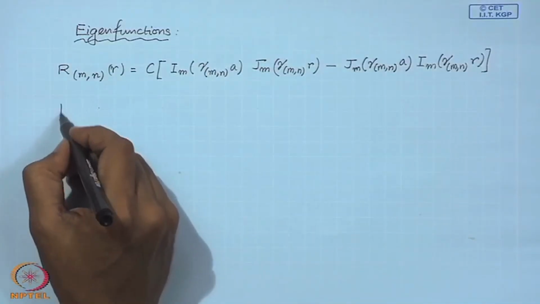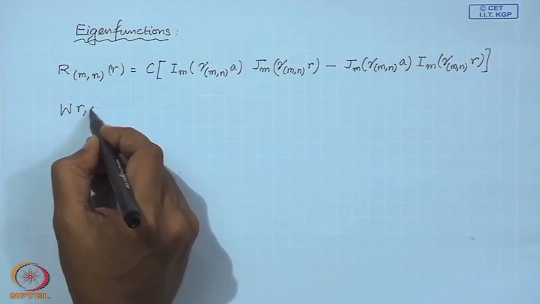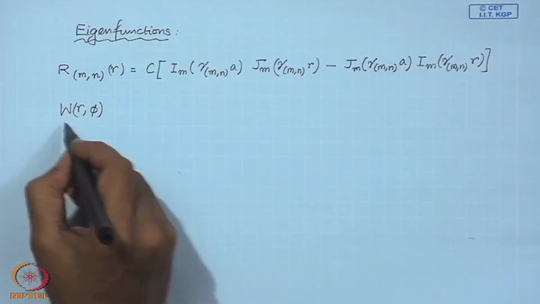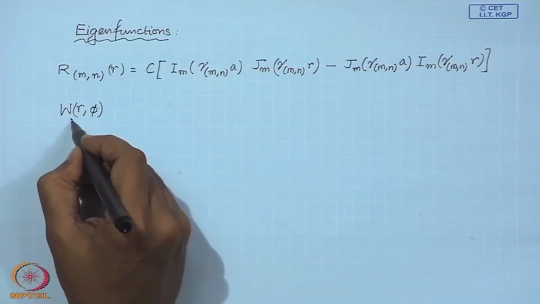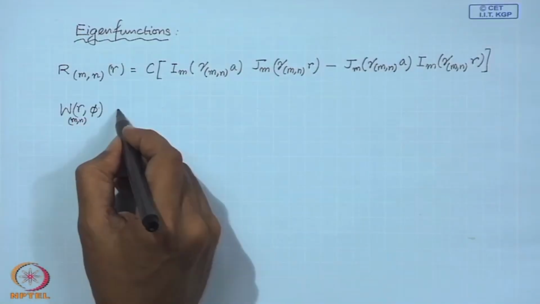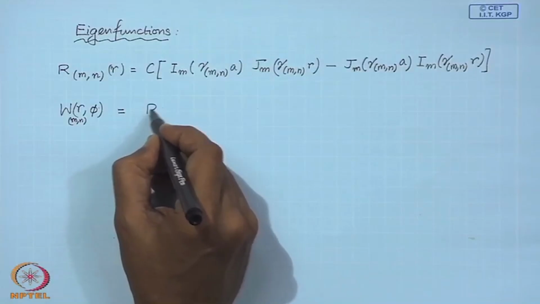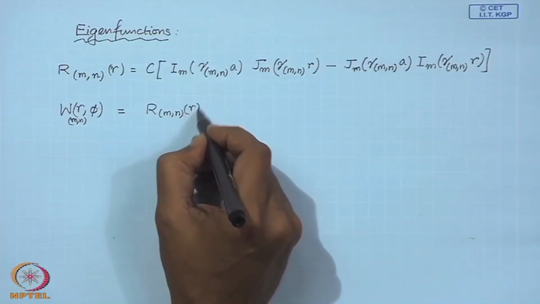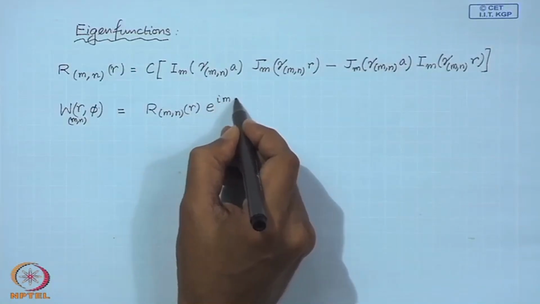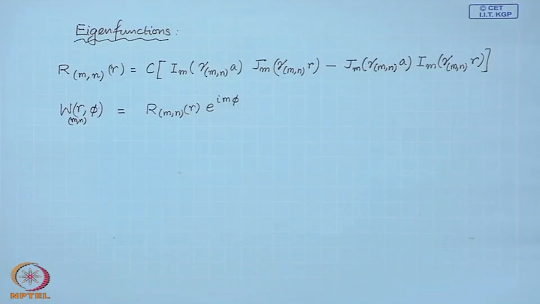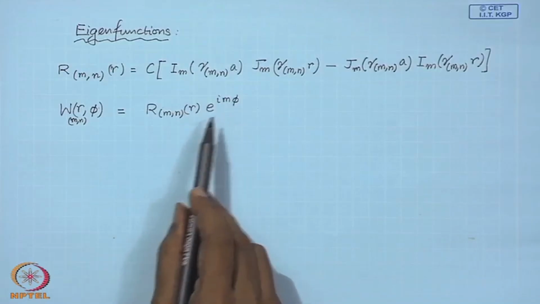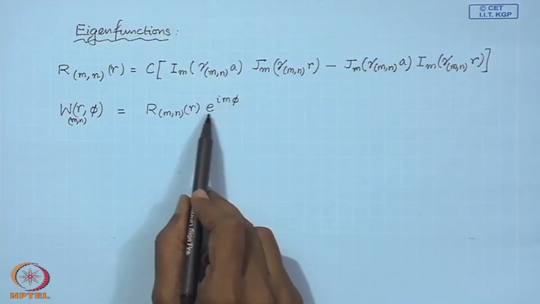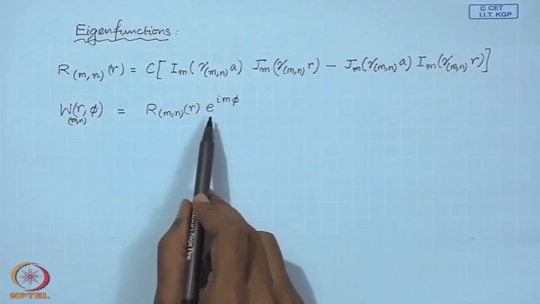Now, our original eigenfunction, which should also now be indexed, was written like this. Here we have the cosine and the sine.